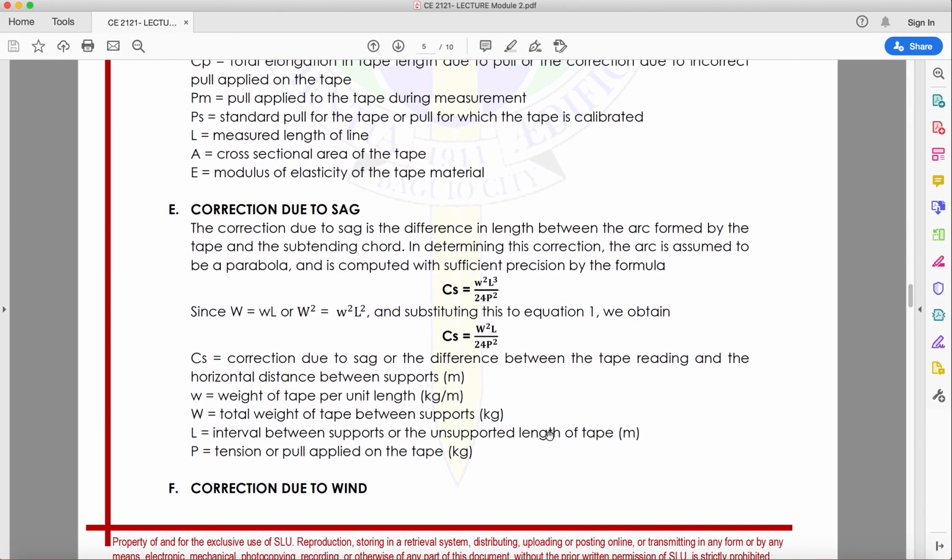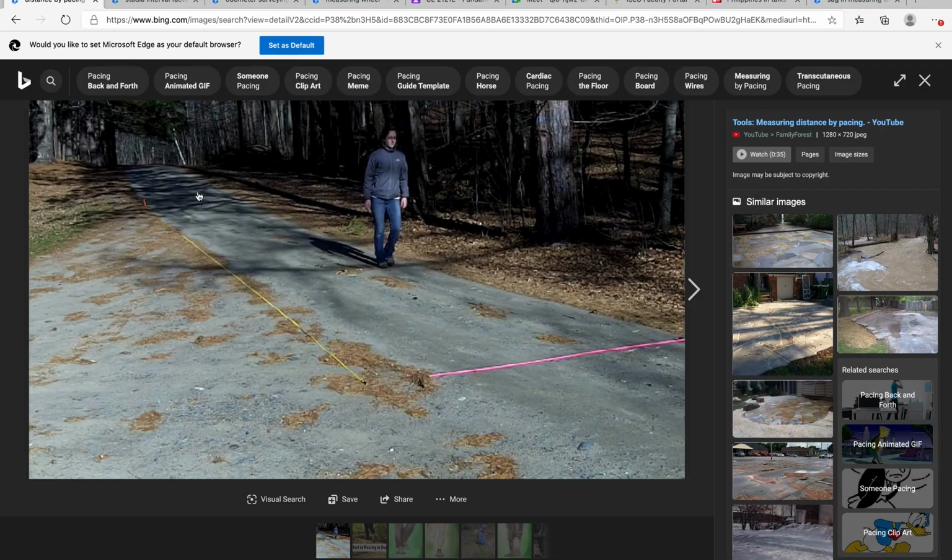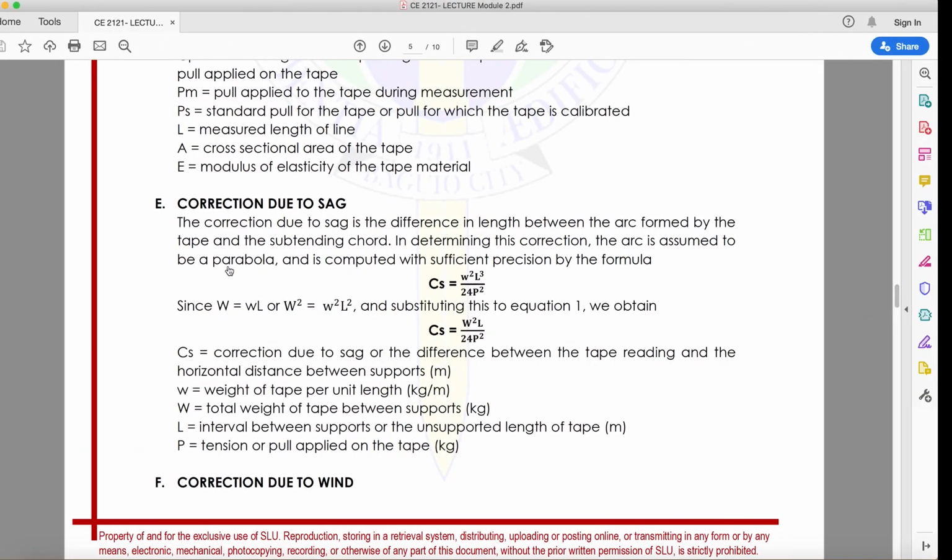When we say unsupported length, if this tape is lifted here and this tape is lifted here, then our unsupported length is the distance between those supports. Okay? If the tape is being carried on this point and it is being carried on this point, therefore, the unsupported length is only this. So that is your unsupported length.